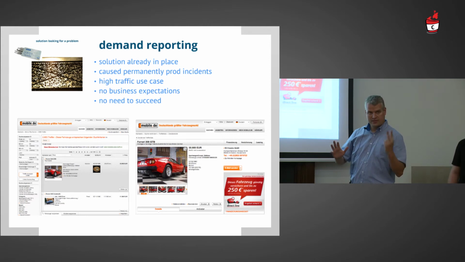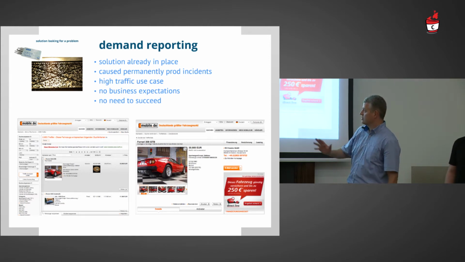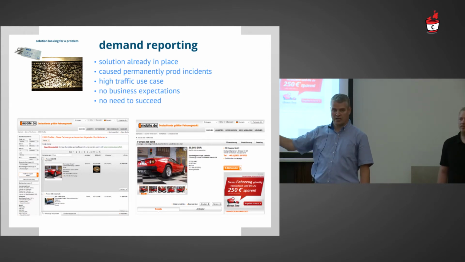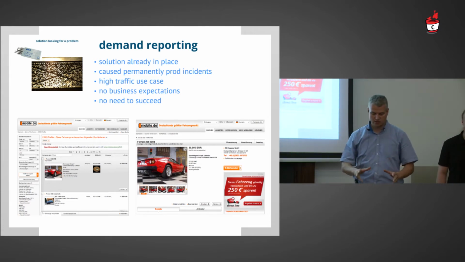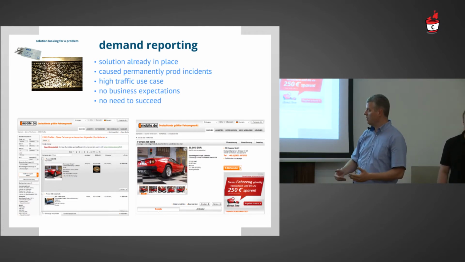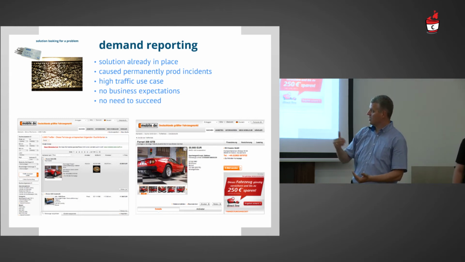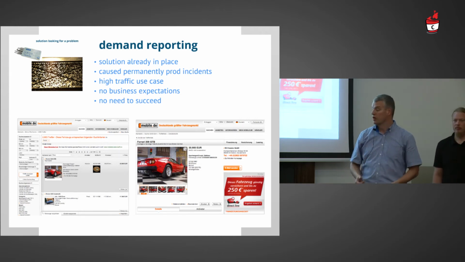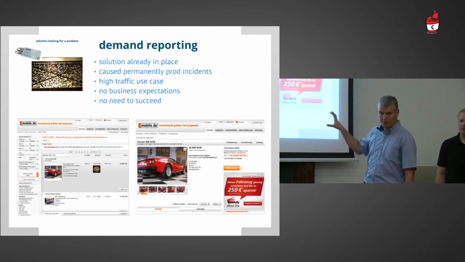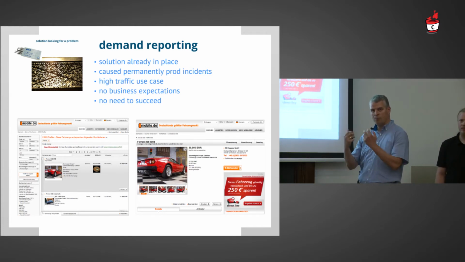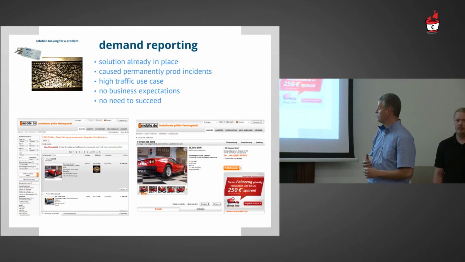Demand reporting means, in our case, we have two important pages on our site. One is a search result page. A person would search for a certain type of car and would then get a list of all available cars. And the cars which are most interesting to you, you want to see on a view item page. You can open a new page which shows all the details of this car.